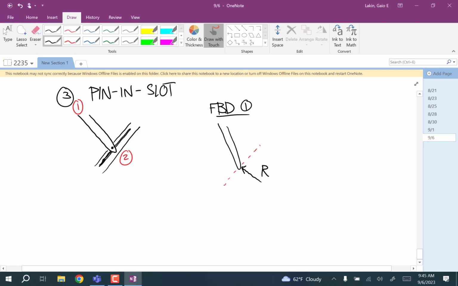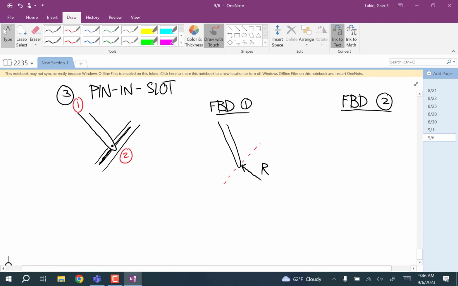Call that R. Then the free body diagram of body 2. The force is equal and opposite. And in this case, could that R be negative? Yes. In this case, notice that slot can push or pull, to resist perpendicular motion of that top body.